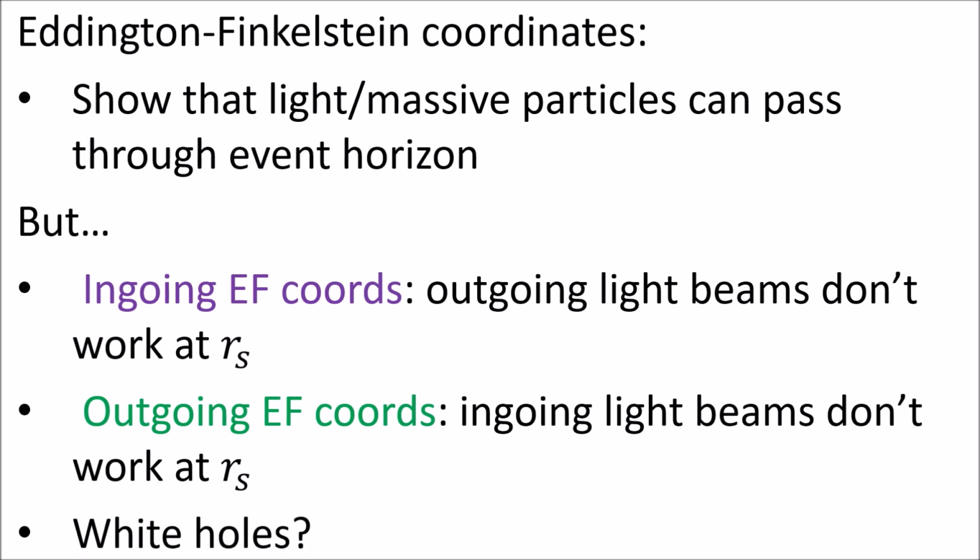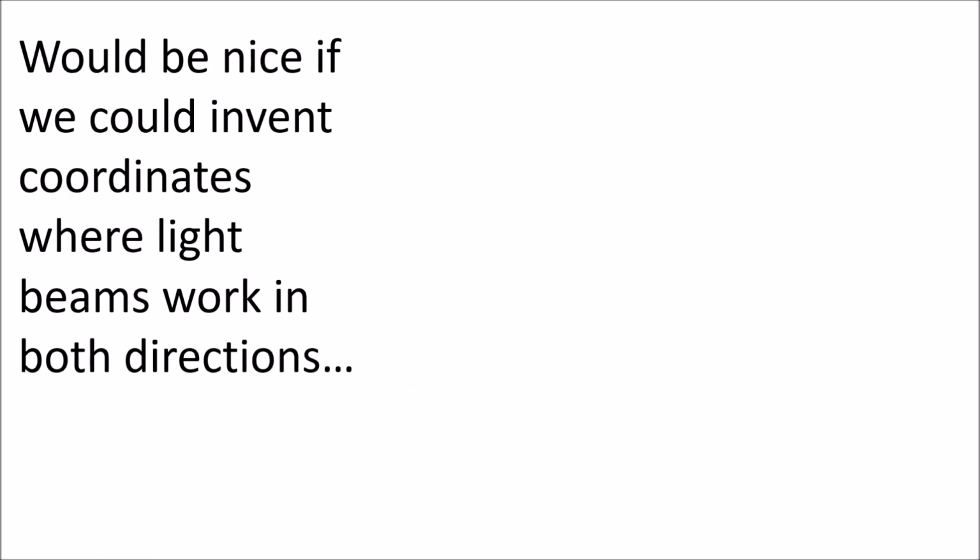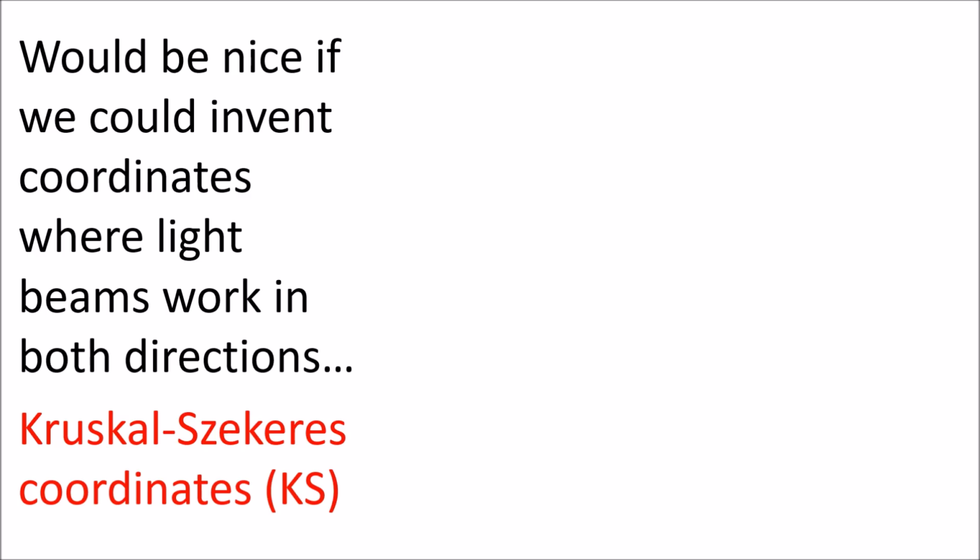We also saw the mysterious appearance of a white hole for outgoing EF coordinates. It would be nice if we could invent a coordinate system where light beams work in both directions at the same time. This motivates the Kruskal-Szekeres Coordinates, which I'll call KS coordinates for short.